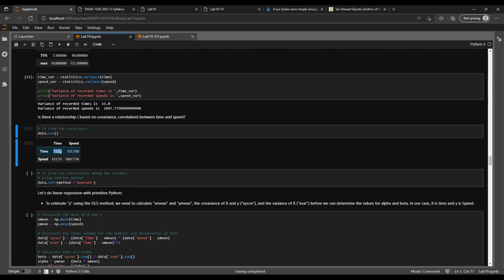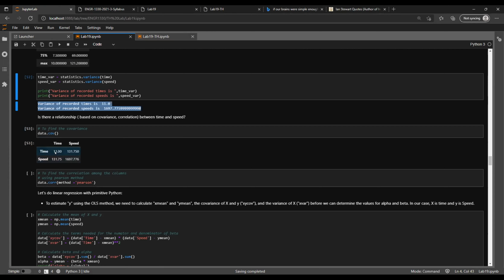Where have we seen a kind of non-unit measurement of 11 and 1697? Does anybody remember? I think we've seen these two numbers before. Yes, right above. They're right here.